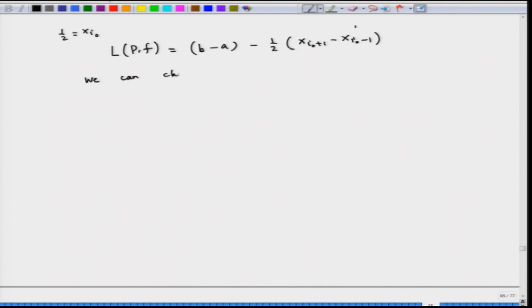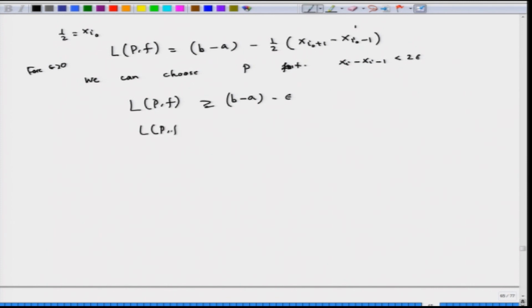Now the partition is in our hand, right? So, for every positive epsilon we can choose P such that x_i minus x_{i-1} is less than, let us say, 2 epsilon. Therefore, we get that L_P of f is greater than or equal to b minus a minus epsilon. This is true for every epsilon.